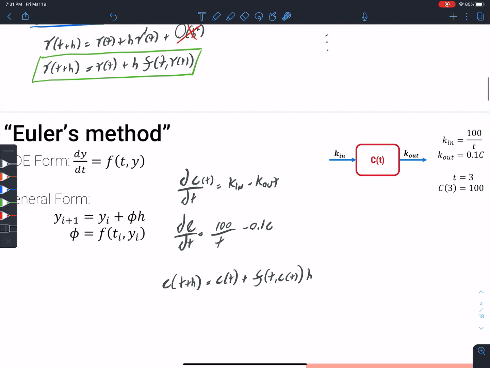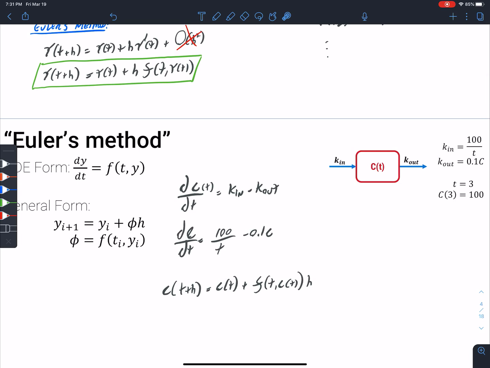The reason for doing this is that we'll see other methods that are slightly different from Euler's method. If we call this incremental term a phi instead of the given f from the ODE, then we can plug in different phis here. The different phis will correspond to taking higher order terms of this Taylor series, so the approximations will get better and better. But this is a notation that we'll often see.